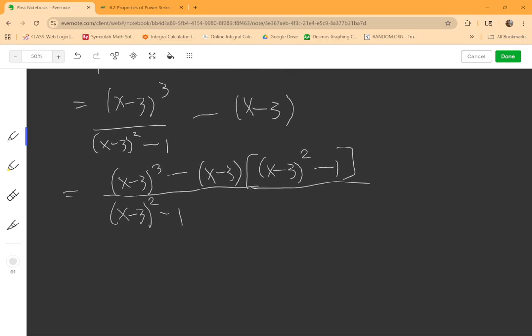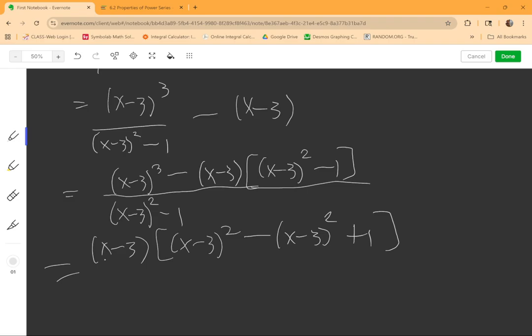All right, and now here I'm going to factor out. Again, I never try to expand anything. I really just want to factor and go from there. I factored out this factor of x minus 3, so it's x minus 3 times the quantity x minus 3 squared minus x minus 3 squared plus 1, all over x minus 3 squared minus 1.